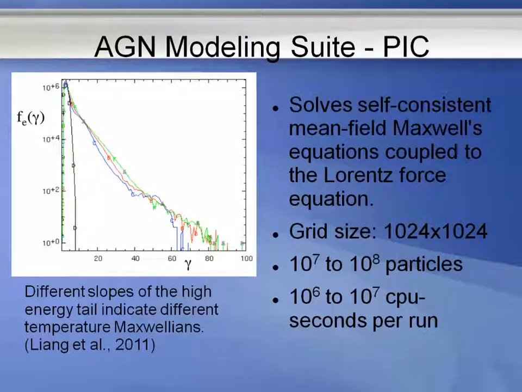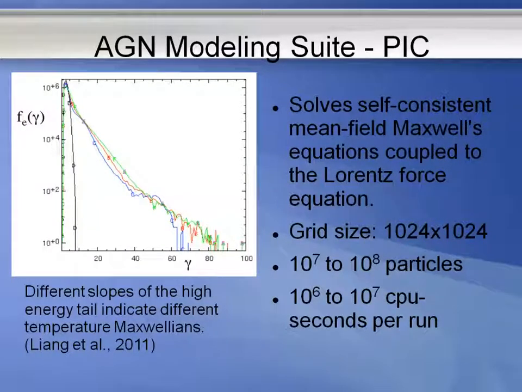The idea is that you take, for his situations, 10^7 to 10^8 particles, you put them in a box, and you see how they interact with each other and with magnetic fields, essentially. It's governed by Maxwell's equations and the Lorentz force equation. You can see just a couple of the typical parameters here. But what this has shown, and these are results, is we have a black curve here that is an early time electron distribution versus gamma, which is the Lorentz factor.